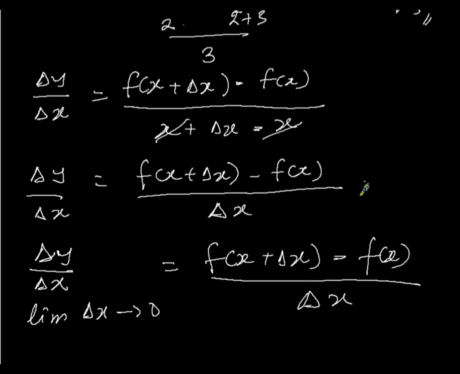So this expression will not be complete until we've indicated that we are taking the limit of change in x as it tends to 0. Now this entire expression is what we call differentiation from first principle. In other words, this is how to differentiate any function with respect to first principle.